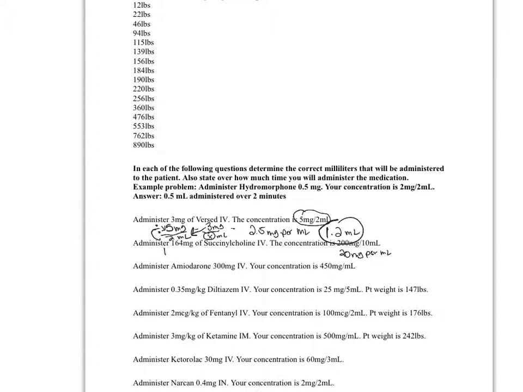Now I'm going to take 164 milligrams of succinylcholine, and this is what I want to give. So I'm going to put X mLs because I don't know how many milliliters I need, but what I do have is 200 milligrams over 10 mLs.